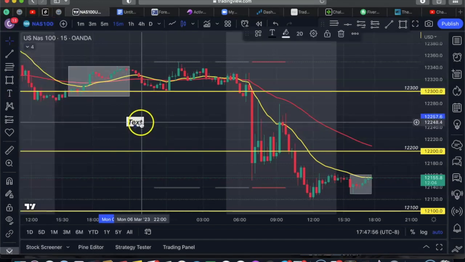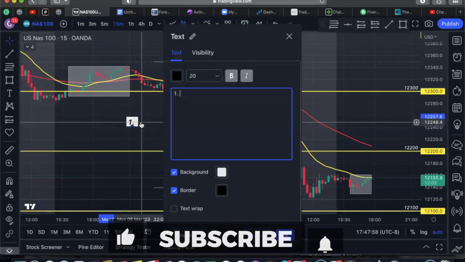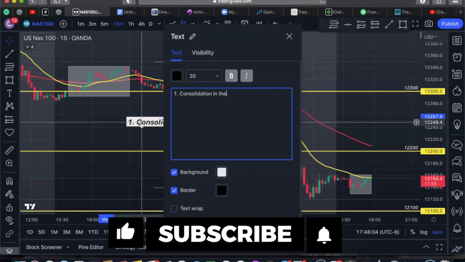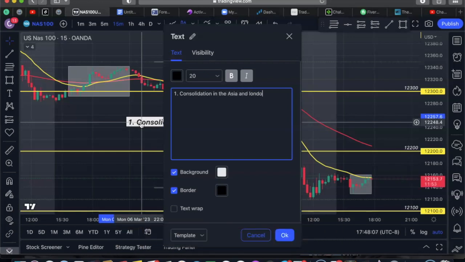The first one, if I like to see a perfect setup, is consolidation in the Asia and London session. Second, I like to see consolidation in the Asia, then a break of structure in London.